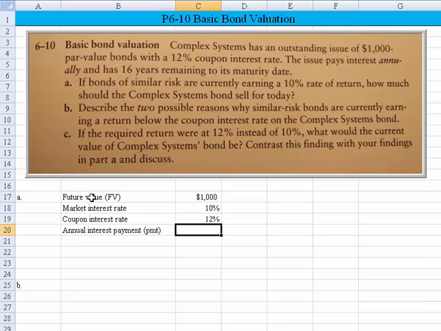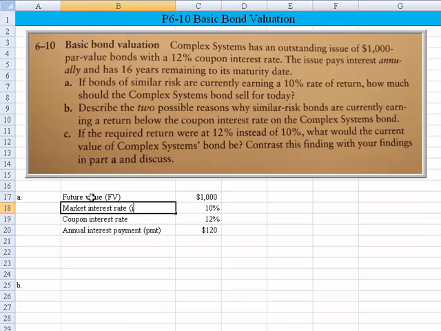Okay, so the payment is calculated this way. We take the $1,000 times the coupon rate, right? That's the dollar amount of payments that will have to be paid on this bond at the end of every year.